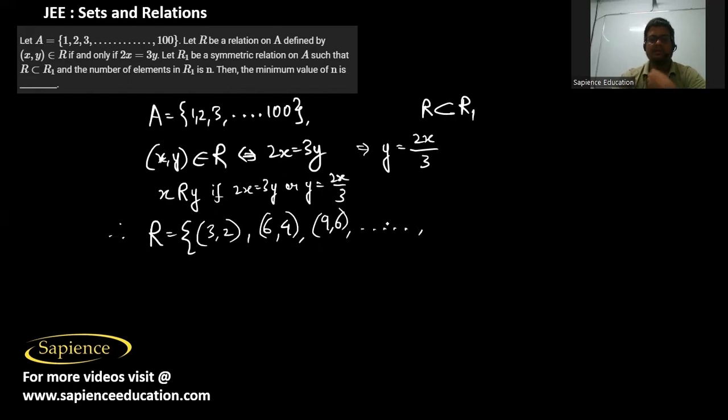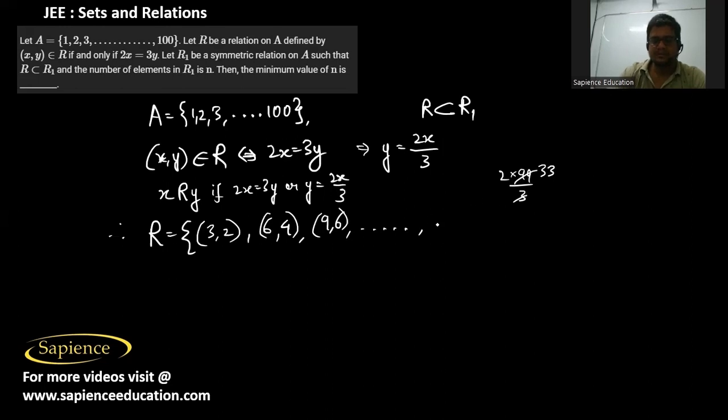It will go till, if we take 99, 99 by 3 is 33, into 2 will be 66.